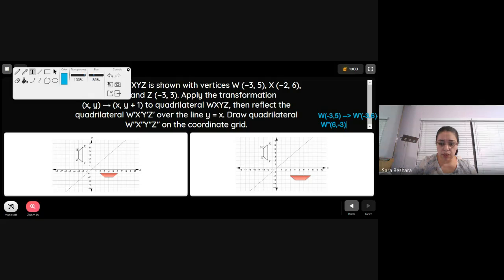W is actually this point right here. Let me switch to this. W here is 4 and down -3, so this is 4 and -3. But here it is 3 and down 2, which is none of the ones I get.